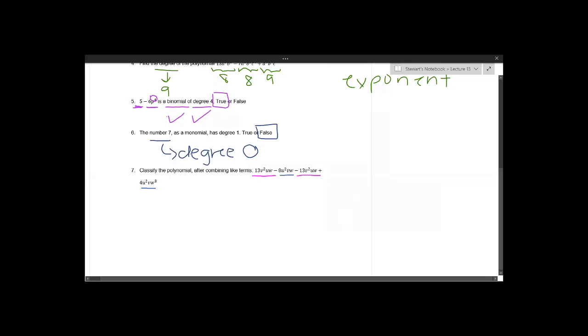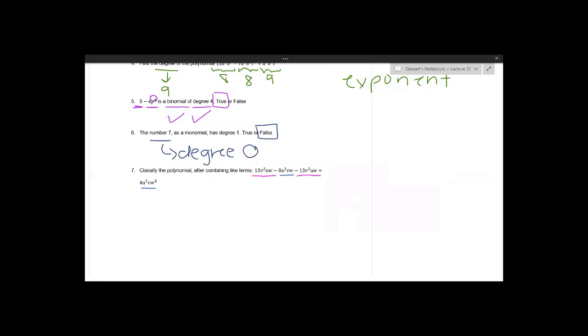So what we do to combine those is we consider the v squared uw's as a group, and then we just consider how many of them we have. Well, we have 13 minus 13, so those actually cancel each other out and they go away. So our new expression is negative 8 u squared vw plus 4 u squared vw cubed.